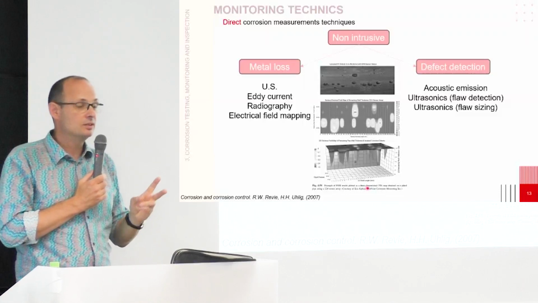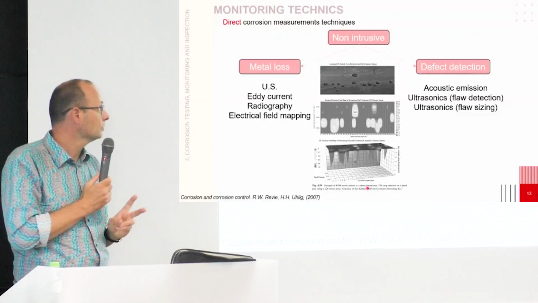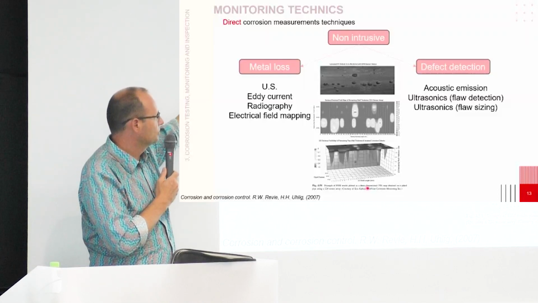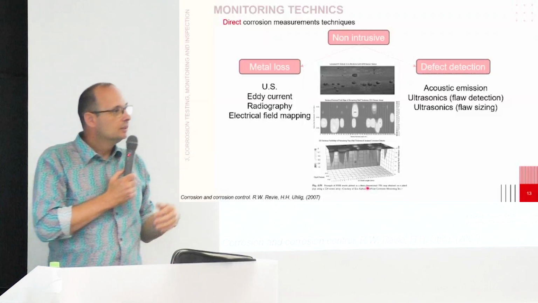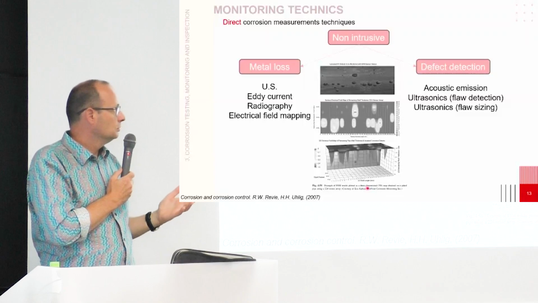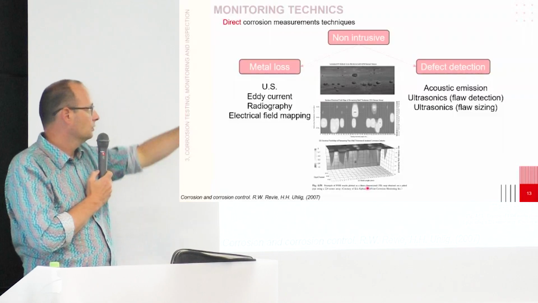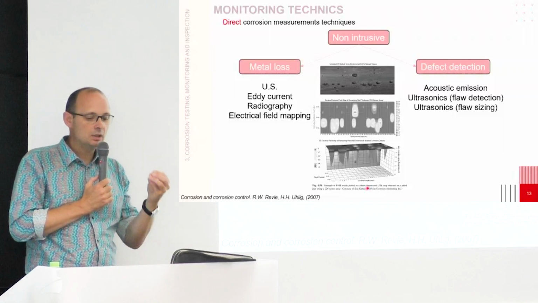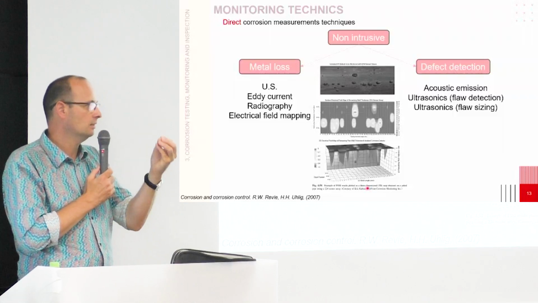The engineer will look at the material loss, and for that, ultrasound, eddy currents, radiography, electrical field map. You can have a list. And you can also have a look at more local defects, and this is the second one, defect detection. And in this case, you will try to find some techniques that are able to have a good lateral resolution.